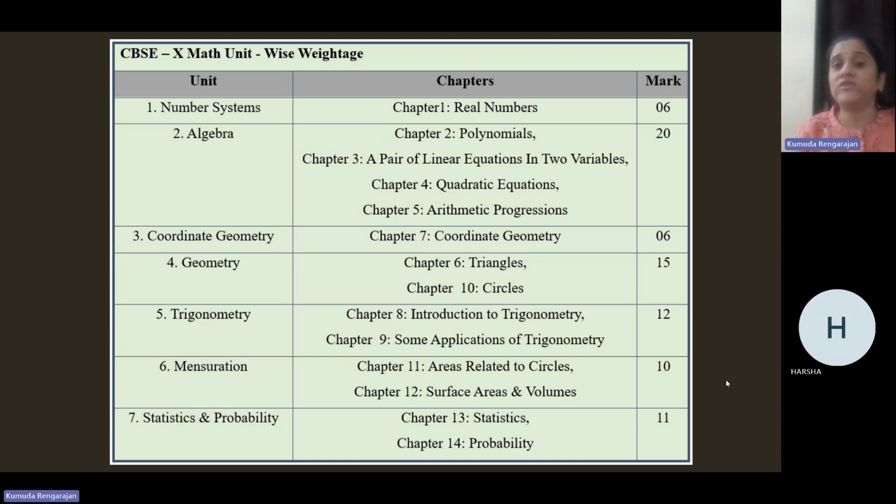Now this is a pair of linear equations: one linear equation in x and y, another linear equation in x and y. So a pair of linear equations in two variables, mostly x and y. Again, this comprises solving equations to find the values of x and y. Then we have word situations, word problems also.